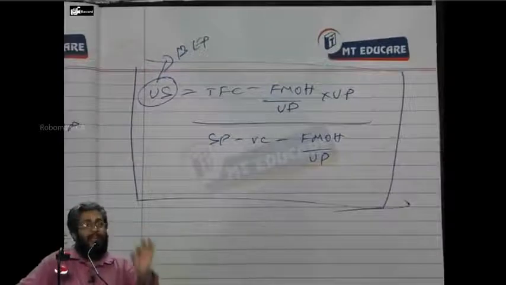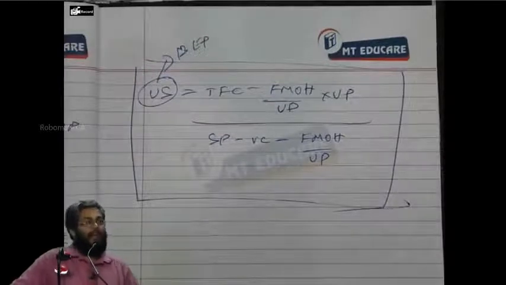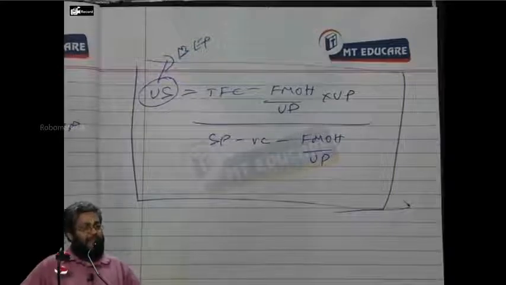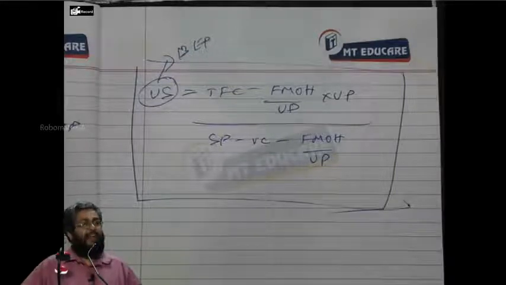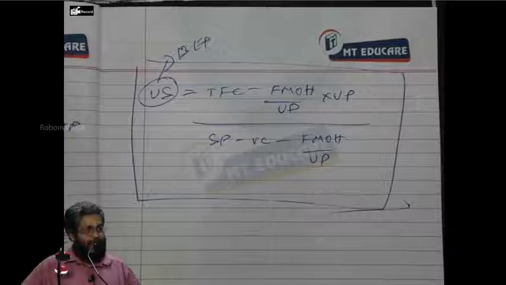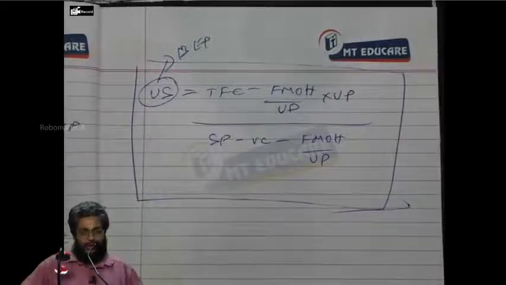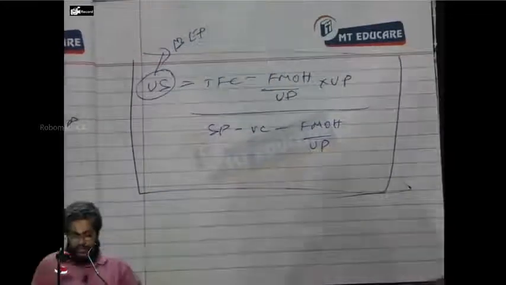To conclude, tell me, what is the break-even point under absorption costing? Total fixed cost minus fixed manufacturing overheads divided by UD into UP, divided by selling price minus variable cost minus fixed manufacturing overheads by UD. Very simple.